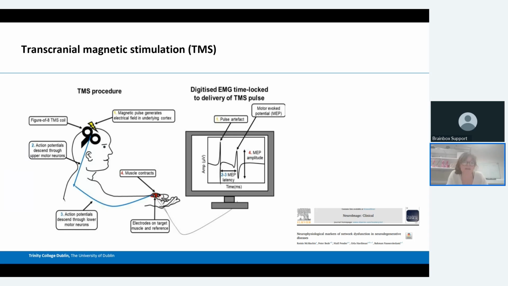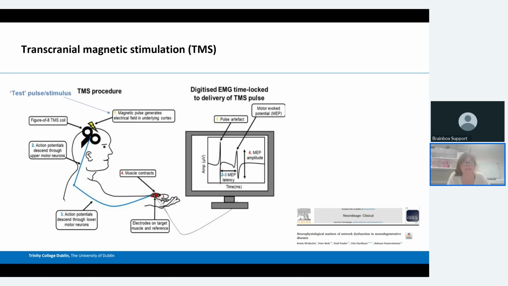And the size of that MEP is used as our readout of how responsive the corticospinal tract was to the TMS. So we can apply TMS at different stimulation intensities and map how the size of the response gets bigger for different people. And that's the basis of using TMS to study the motor cortical function and also the corticospinal tract function. There is a more complete workshop on introduction to TMS that Brainbox do, if you want a more detailed introduction than that.